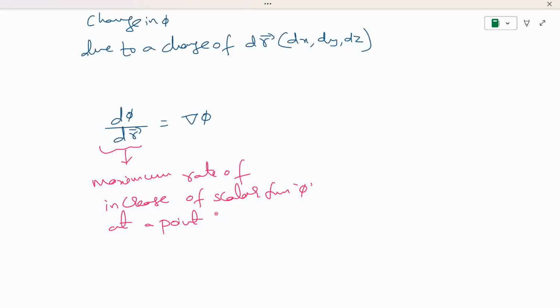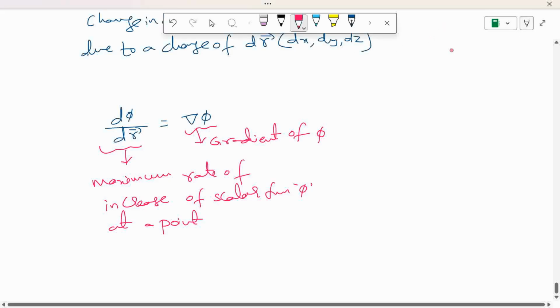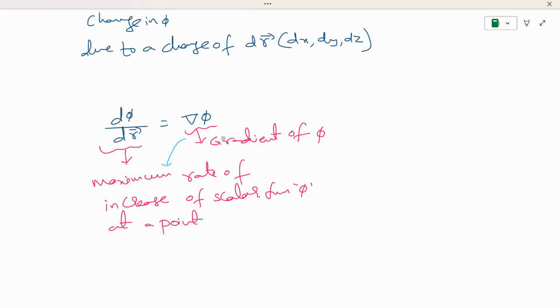That point could be whatever point is considered, and it will give us the result at that point. This is the gradient. So the gradient of phi will give the maximum rate of increase of the scalar function at a point. We have to substitute the point coordinates in del phi.